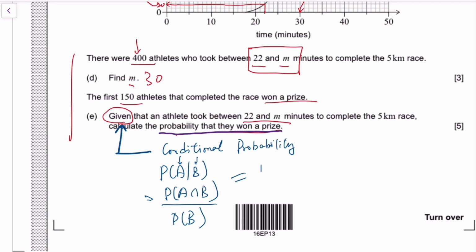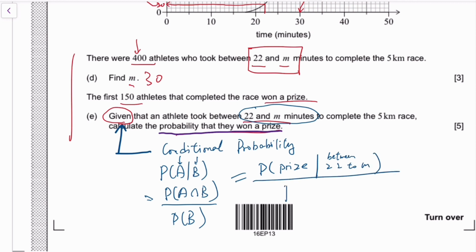That's what they're asking for, so the probability of winning a prize, given that he took 22 to m minutes. So it's between 22 to m minutes, over the probability that he took between 22 to m minutes, over the given thing. I'll make this mistake just like this, because I'm already using the formula.